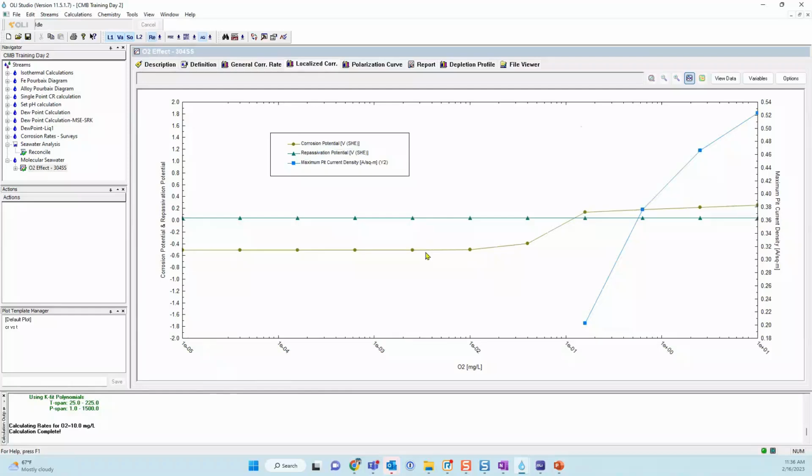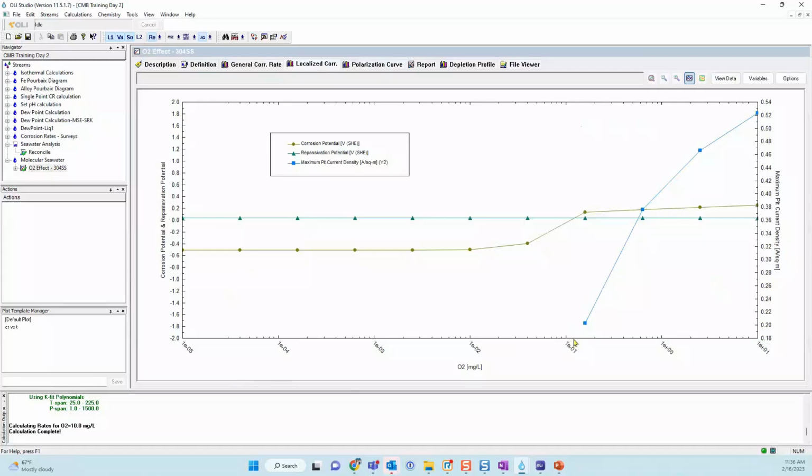But as soon as you hit a specific value of oxygen, around 0.16 milligrams per liter in solution, the corrosion potential is above the repassivation potential, and you start seeing localized corrosion damage.